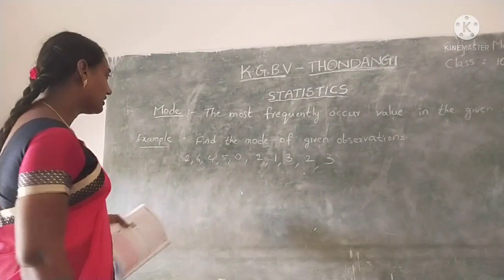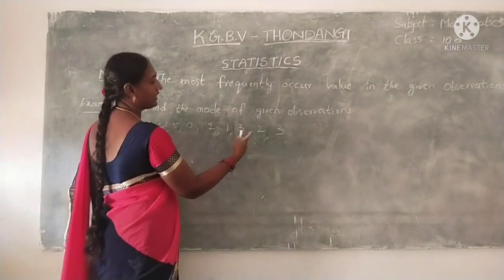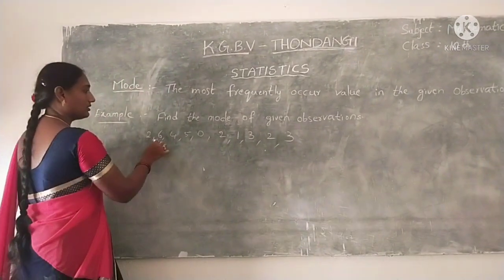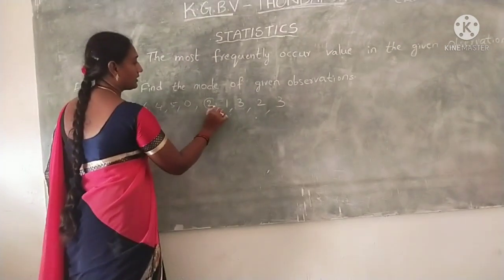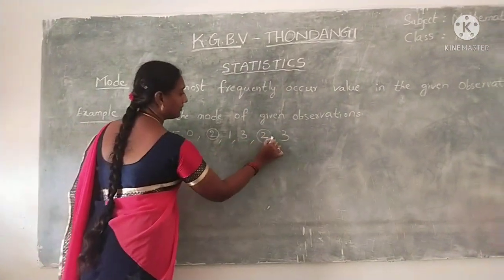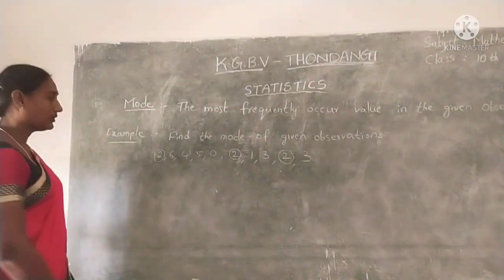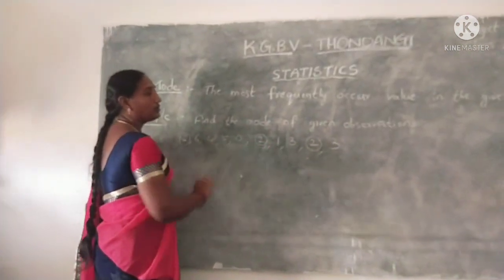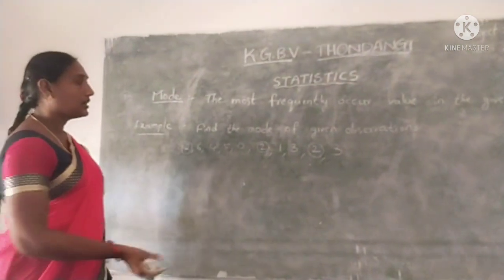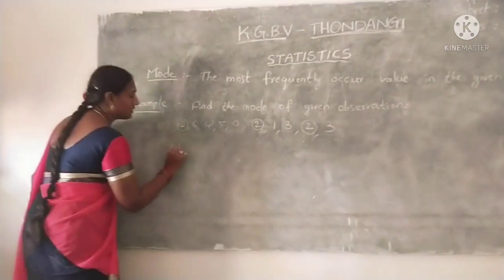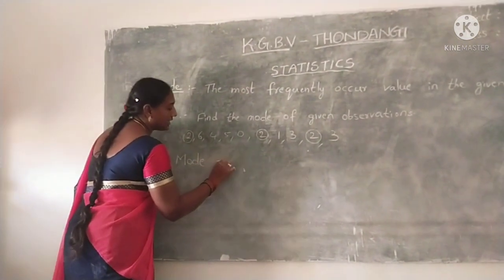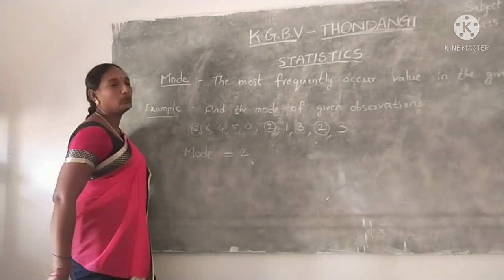So here, which observation is most frequently occurred? 2 occurs one time, second time and third time. Here 2 is the value which occurred most frequently. So the mode of this data is 2.